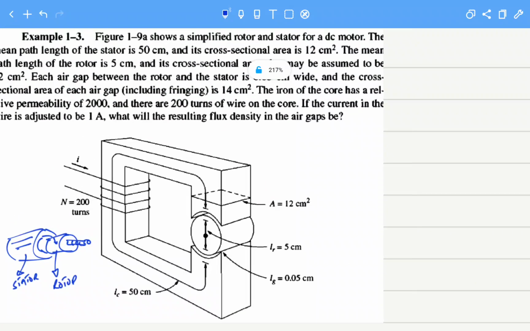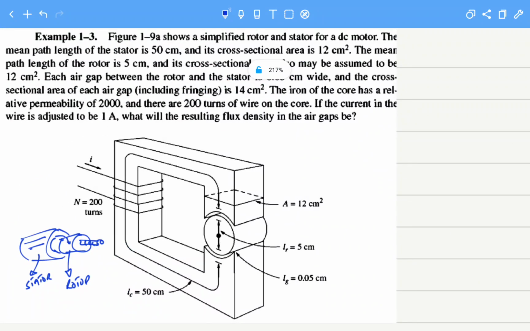So the core resembles a real motor system, and the mean path length they have given is 50 centimeter, and the cross sectional area is also given, that is 12 centimeter square. This is the mean path length. For the rotor, the mean path length they have given is 5 centimeter, and they have given the length of the air gaps also.